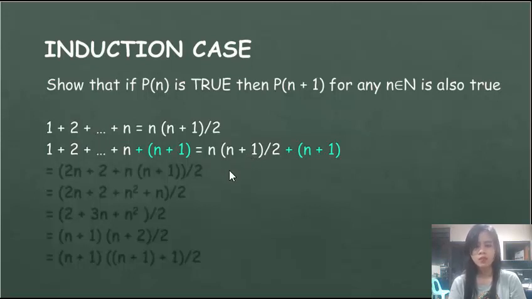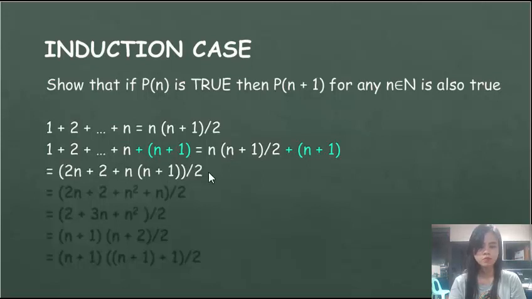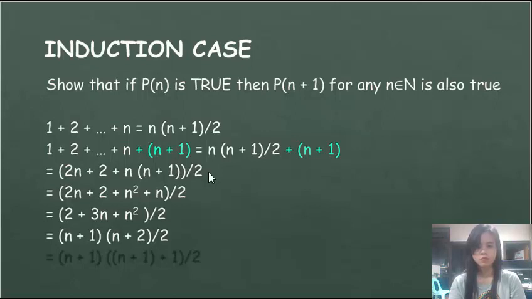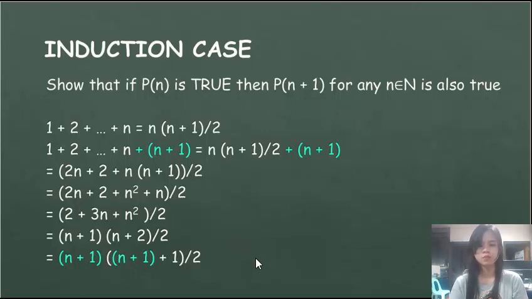Now, we will simplify the right hand side since the left hand side is already in simplified form. And this is the simplified form for the right side. Now, let's use the equation to prove that P of n plus 1 for any number that is an element of natural numbers is also true.